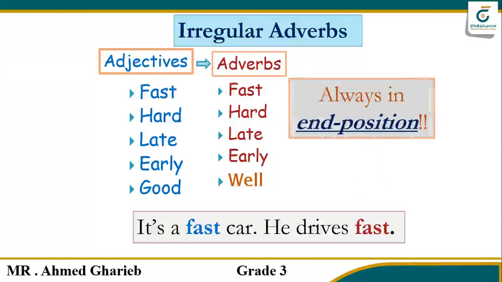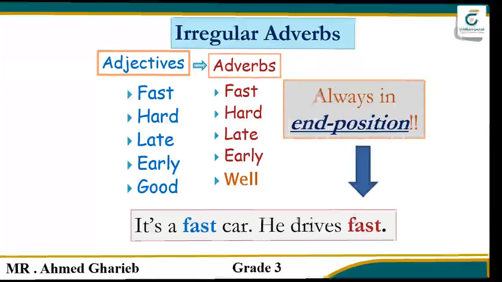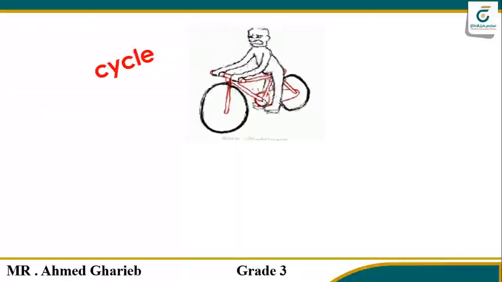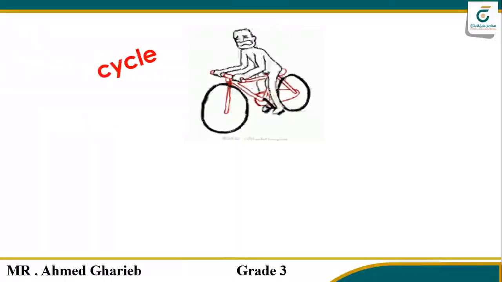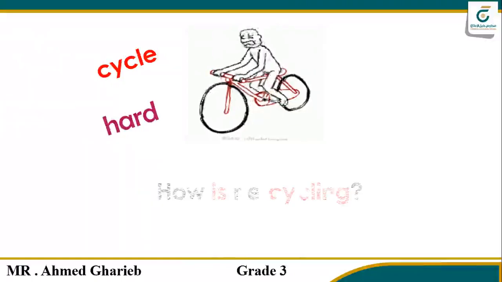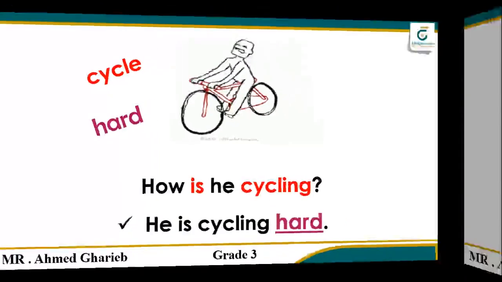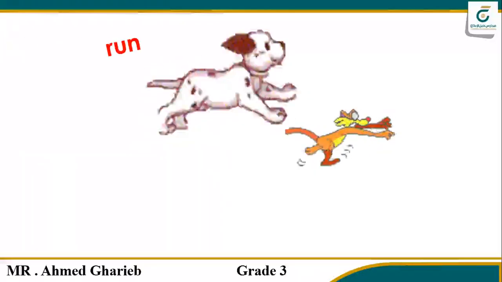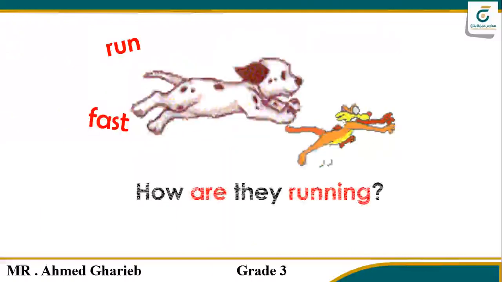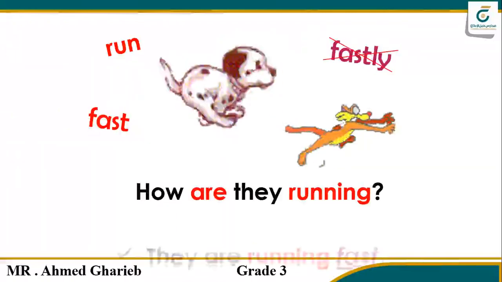Okay, as you see, irregular adverbs come at the end of the sentence. Let's have some irregular examples. Cycle hard. How is he cycling? He is cycling hard. Hard describes the verb cycle. They run fast. How are they running? They run fast.